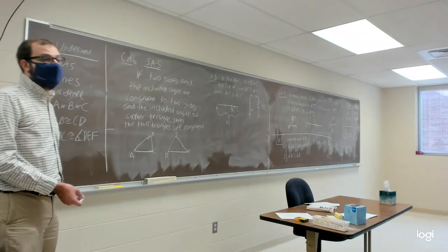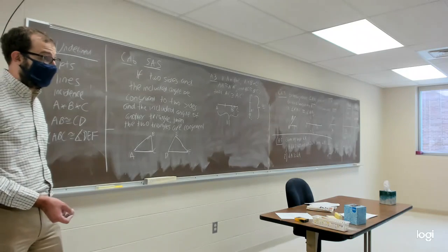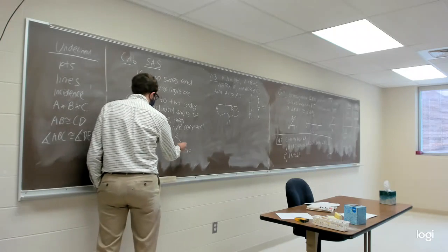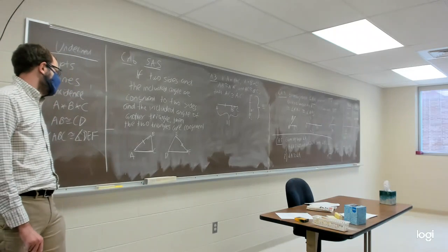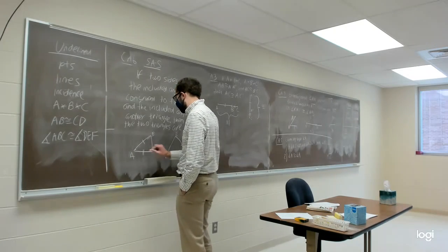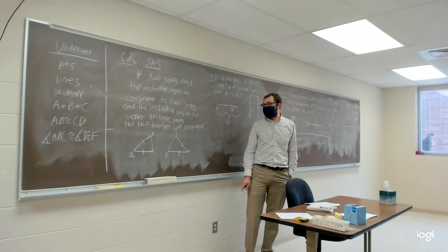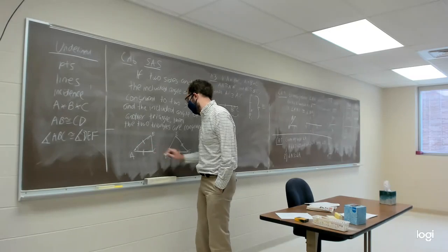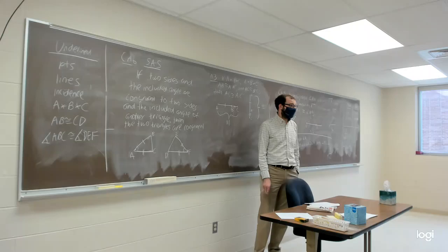Congruence Axiom 6 says you don't necessarily need all of that information in order to know that the two triangles are congruent. Instead, if you happen to know that, let's say, that's a lovely line segment, we have a pair of congruent sides, say AB and EF, another pair of congruent sides, let's say AC and DF, and if the angle in between those two sides in each case are congruent, then that's enough to tell you the triangles have to be congruent.